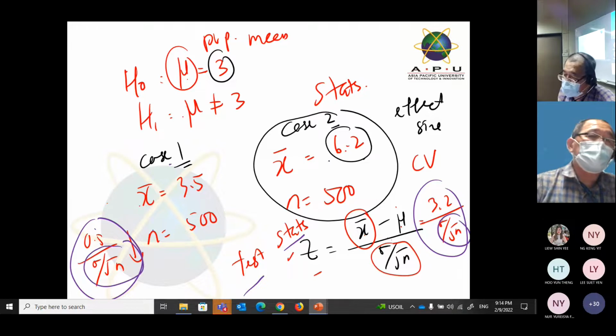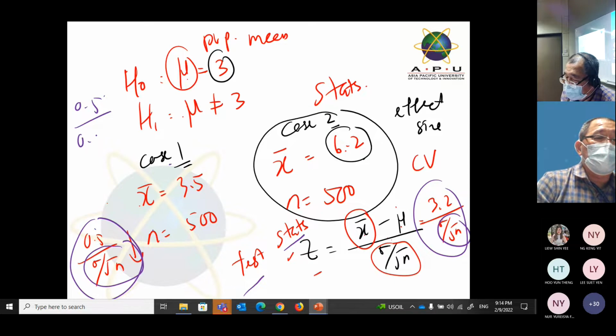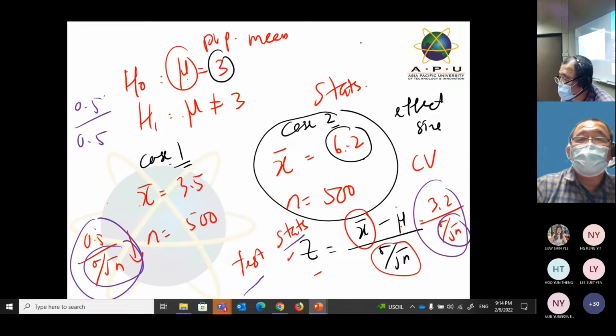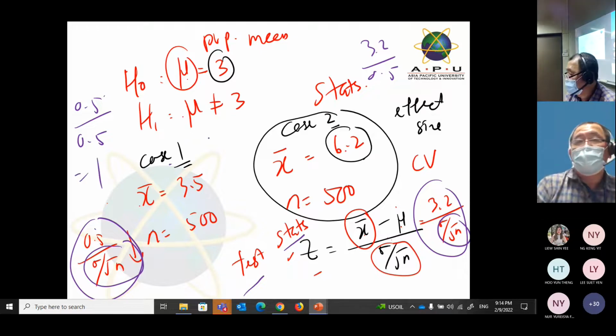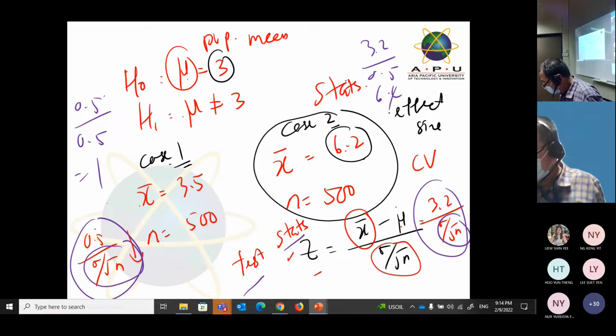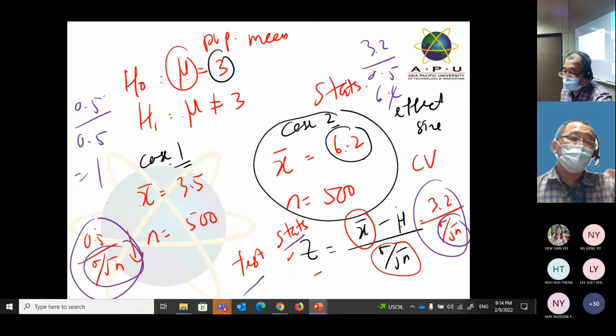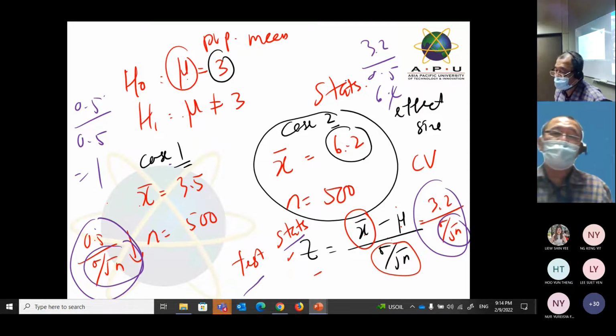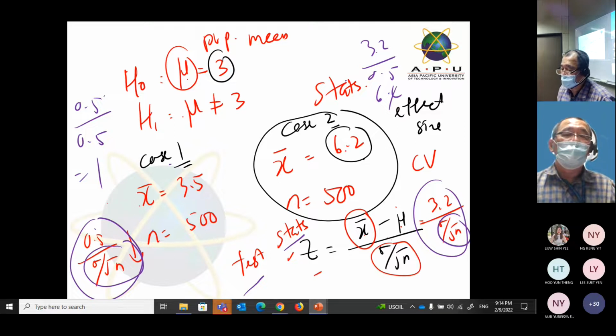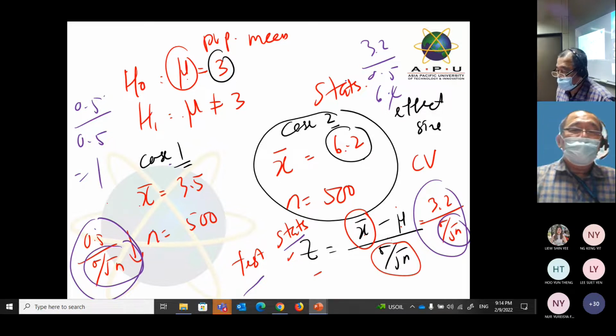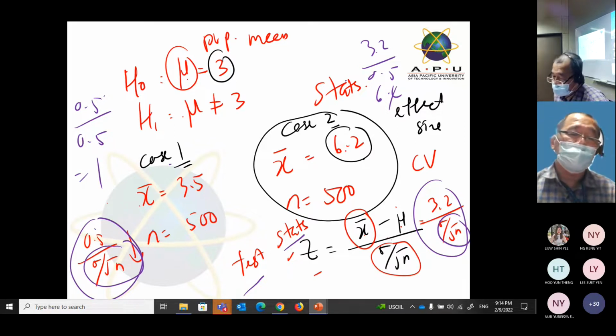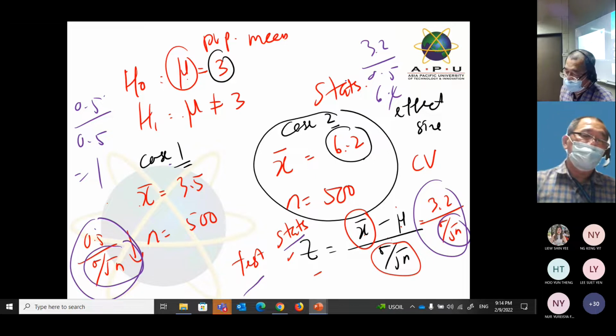Okay, we use a number, no problem. Let's say 0.5. Here, 0.5 over 0.5, we get 1. Here, 3.2 over 0.5, we get 6.4. For case 1, you get 1. For case 2, you get 6.4. 6.4 is the test statistic for the Z.